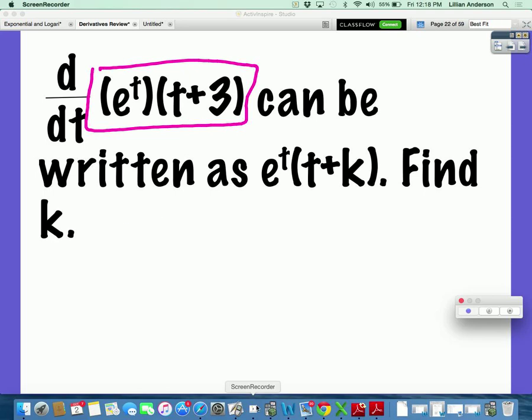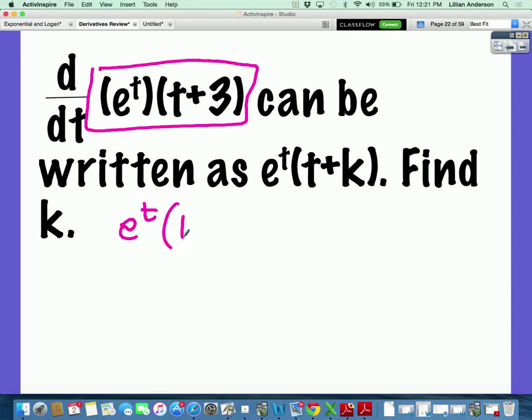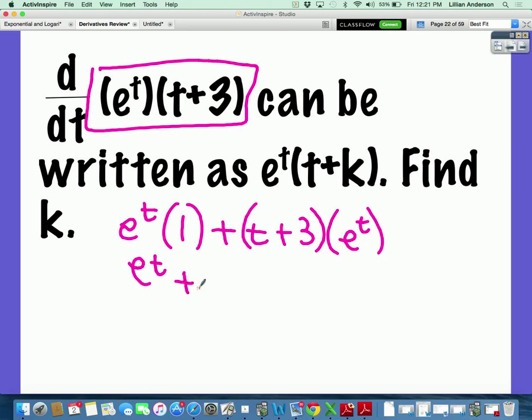Then you'll be able to know what k is. Product rule says first times the derivative of the second, which is 1, plus the second times the derivative of the first, which is e to the t. So we have e to the t plus t e to the t plus 3 e to the t. Did you guys get that?